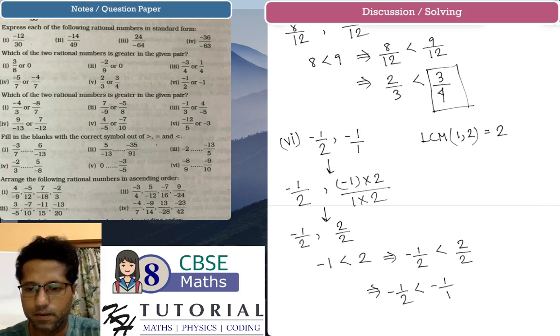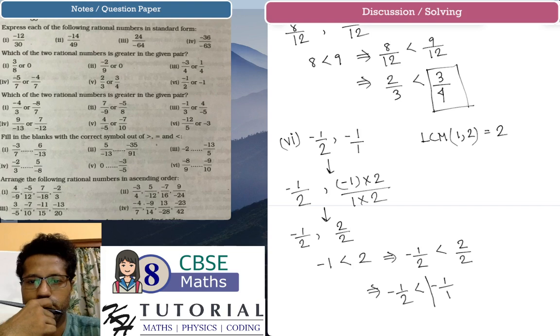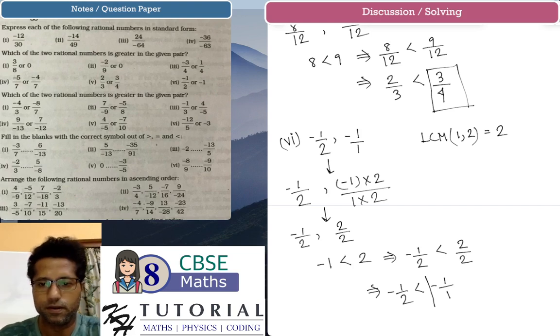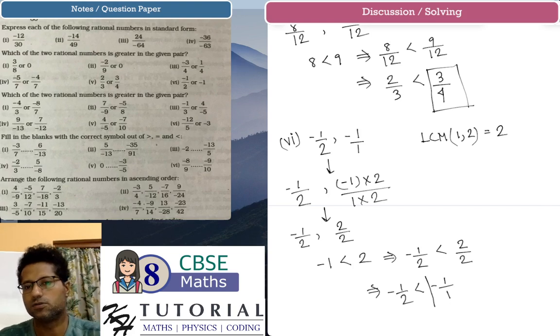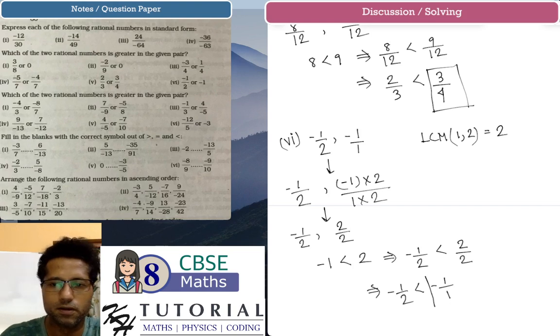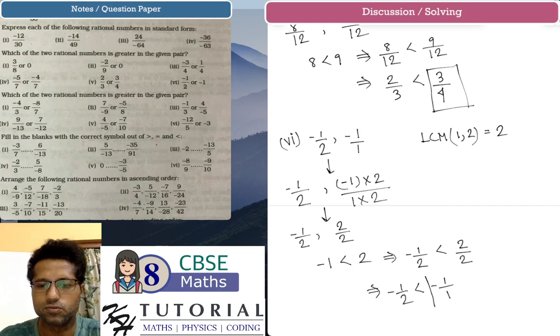So definitely minus 1 by 1, no, I did something wrong, let me check. Sorry, this was when converting minus 1 by 1 to its equivalent rational number so that the denominator is 2. I multiplied both the numerator and the denominator with 2 and the numerator would be minus 2, not 2.